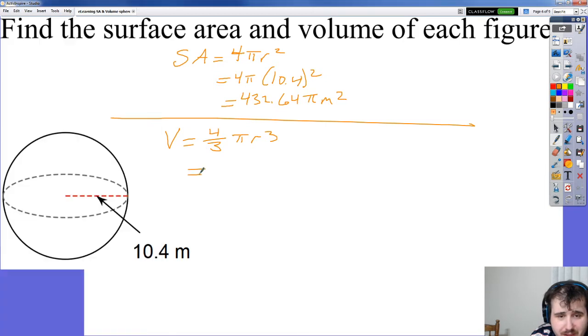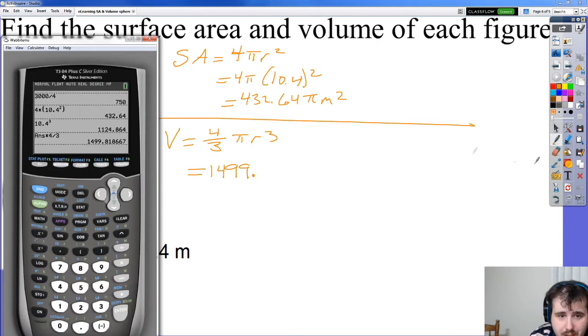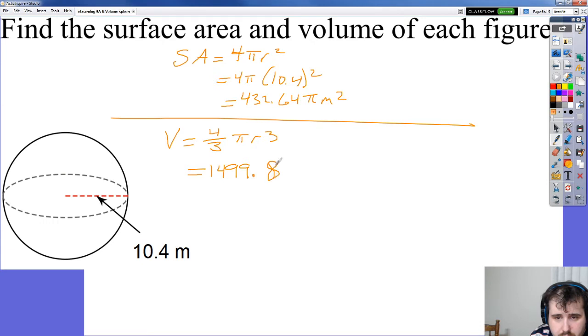So if it was me, 0.8186 repeating. 818 and then 6 repeating pi. Meters cubed.